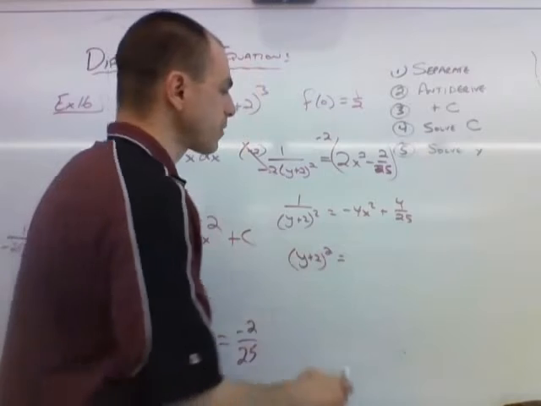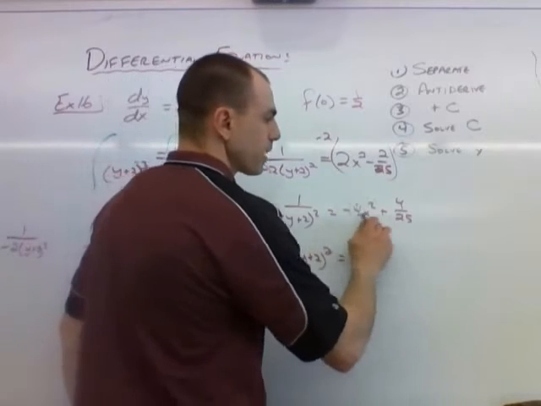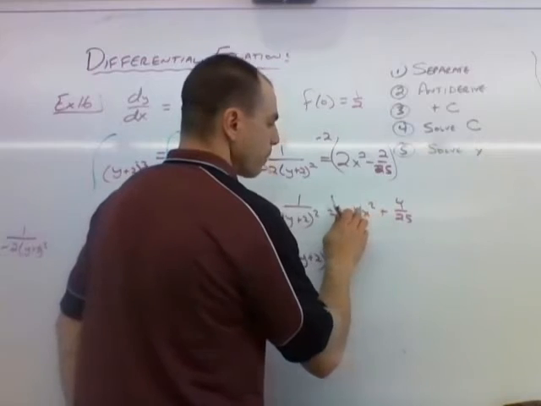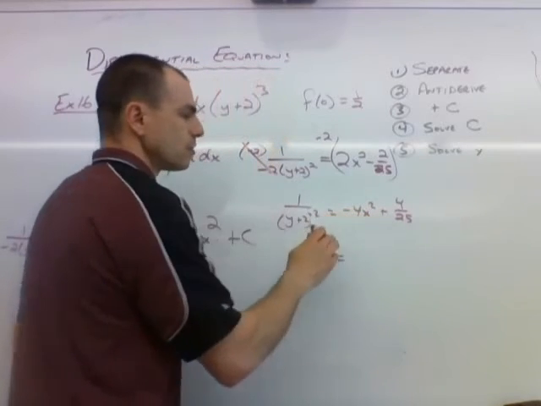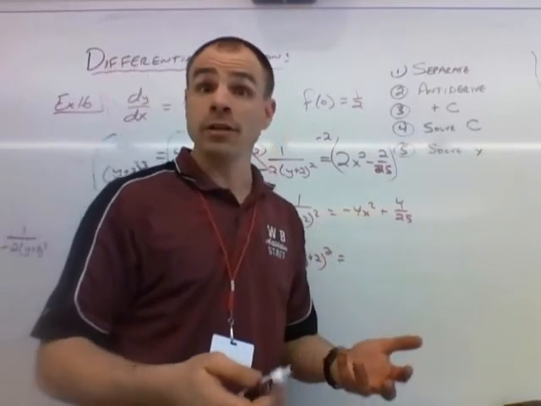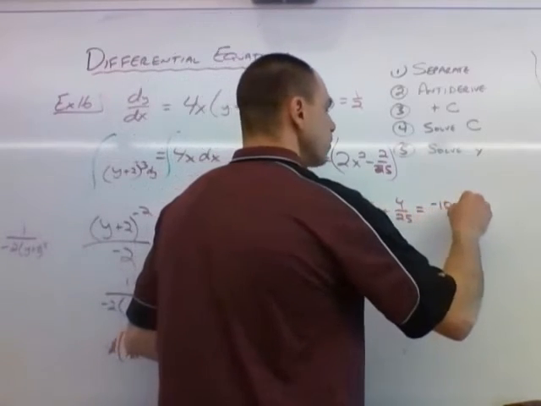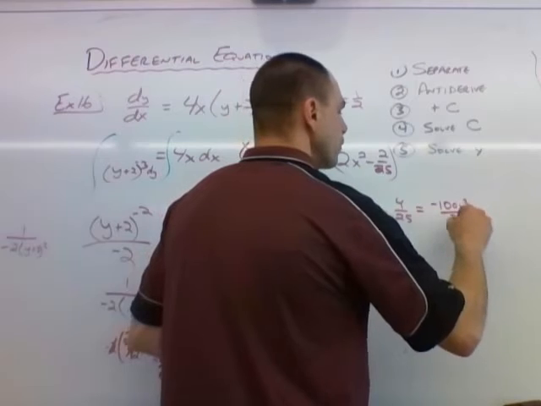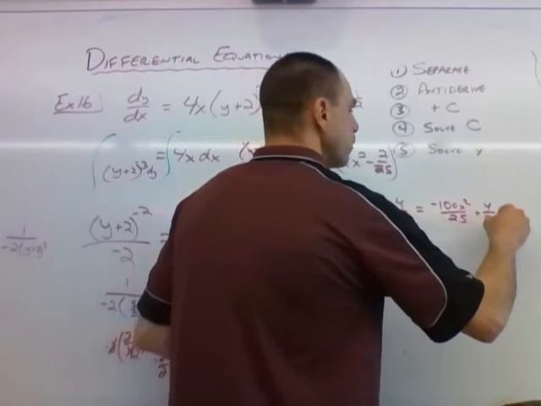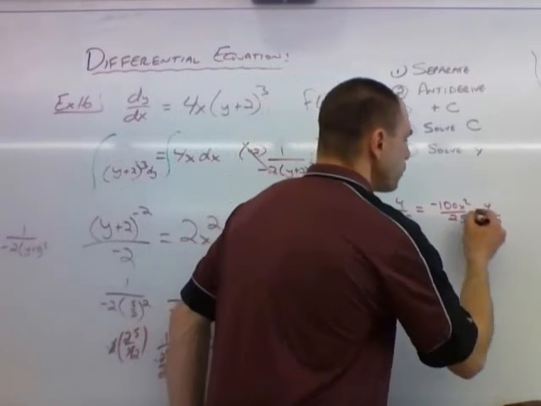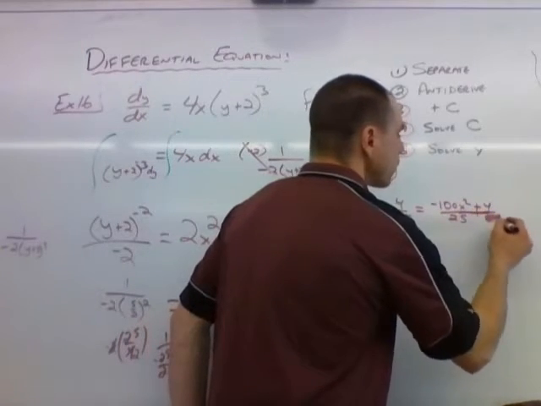So it might make sense to turn this into just a single fraction. If we put this over 25, we want 4 as our coefficient. So 4 is 100 divided by 25. So this is the same thing as negative 100x squared over 25 plus 4 over 25. And I can combine my two fractions now that there's a common denominator.